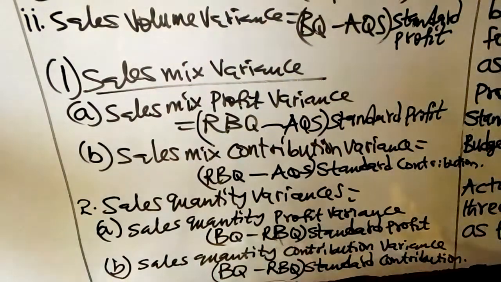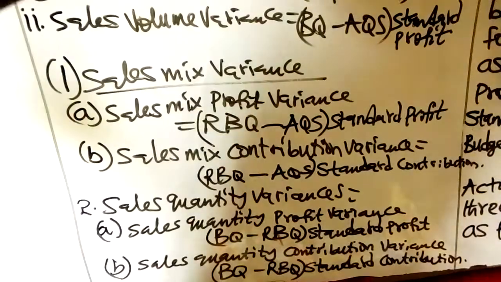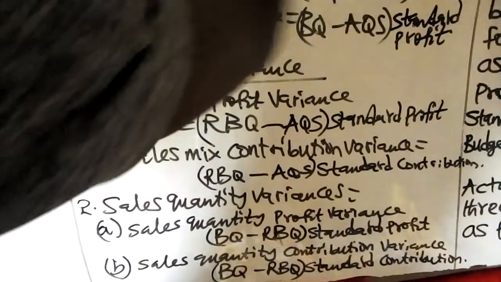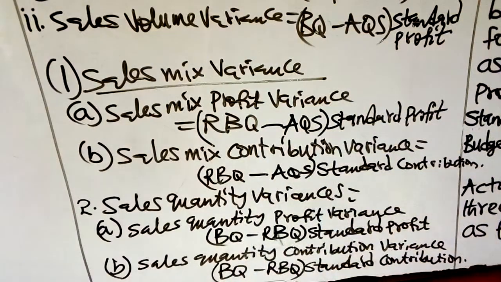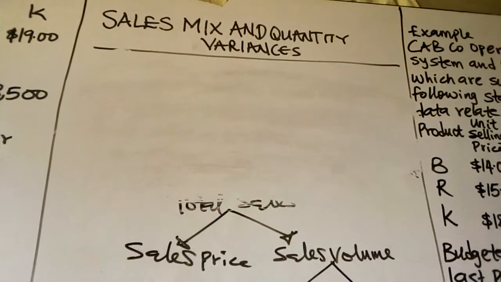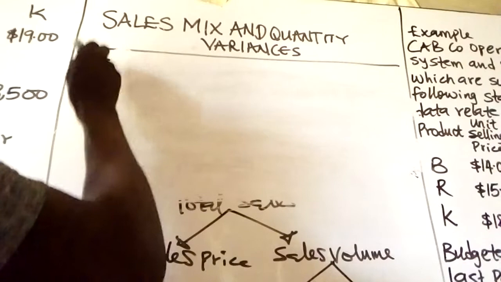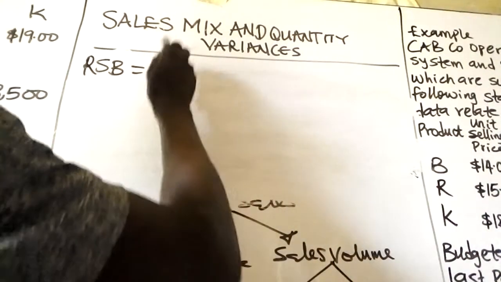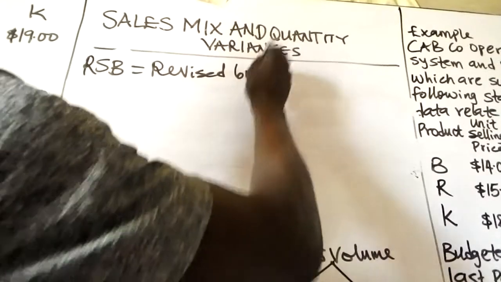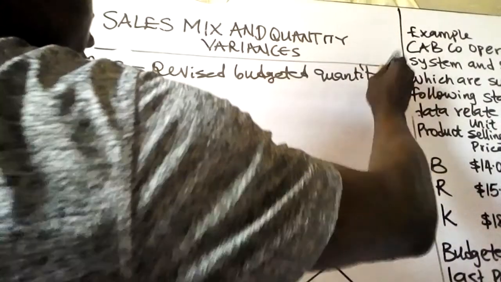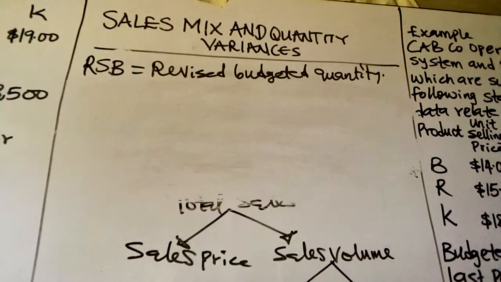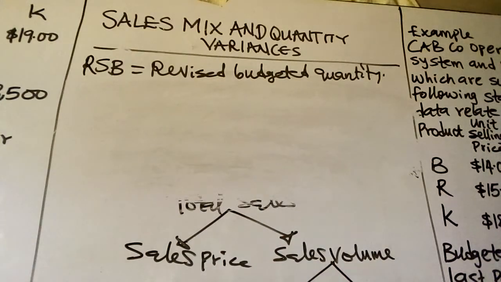I want to define the variables used in the formula. The first variable I'm going to define is the revised budgeted quantity, RBQ. How will you calculate your revised budgeted quantity?